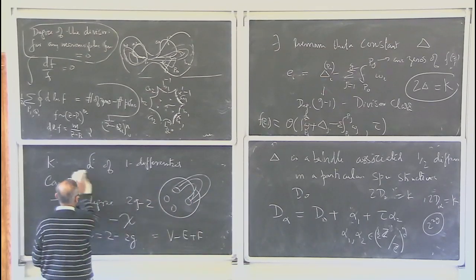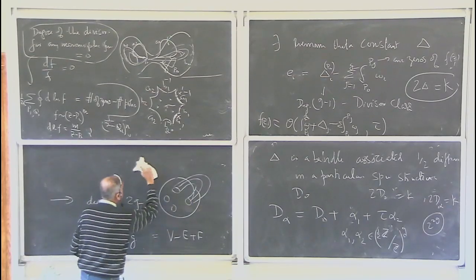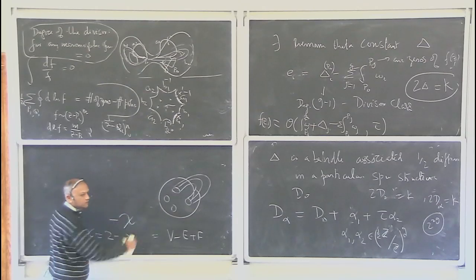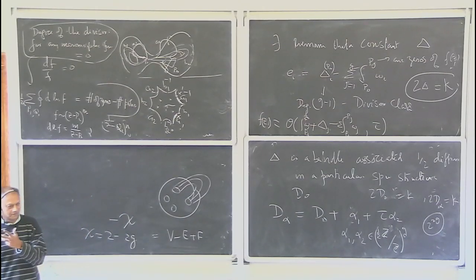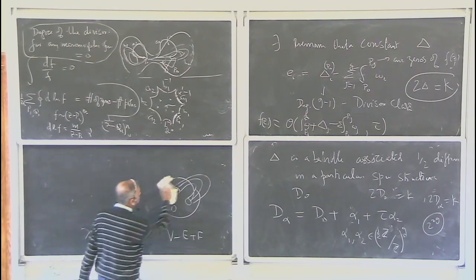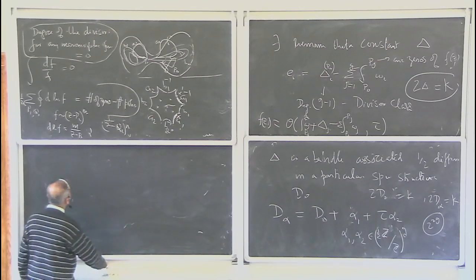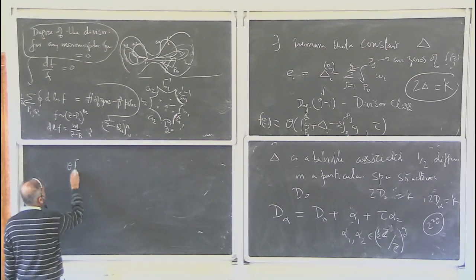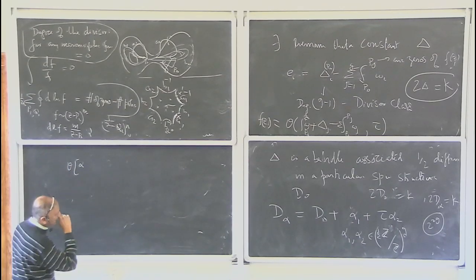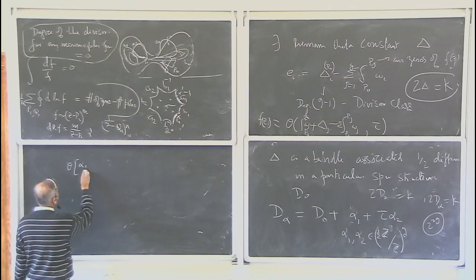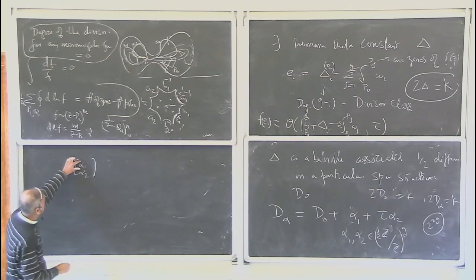Now just like in the genus 1 case, we could write down the theta functions, right? Remember we had theta 1, theta 2, theta 3, theta 4, right? And we can do the same thing here. So all we need to do is define theta of, let's say, alpha 1 and alpha 2. Each of them is g-dimensional.